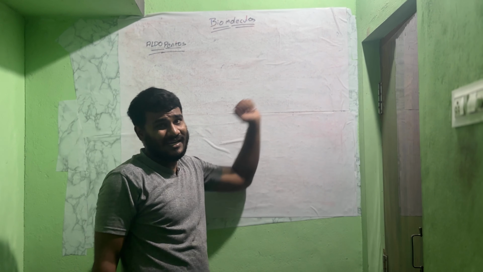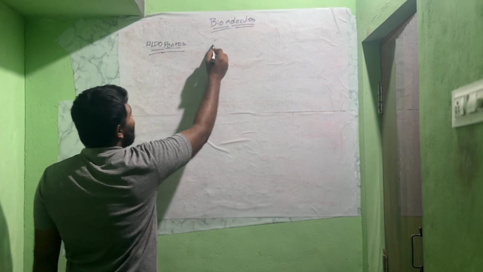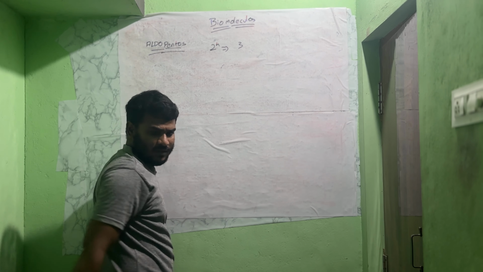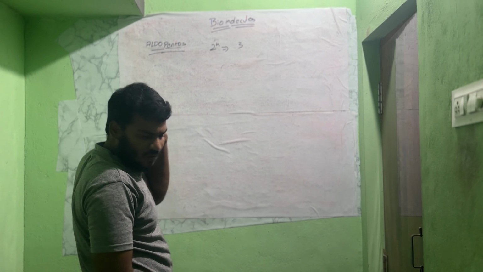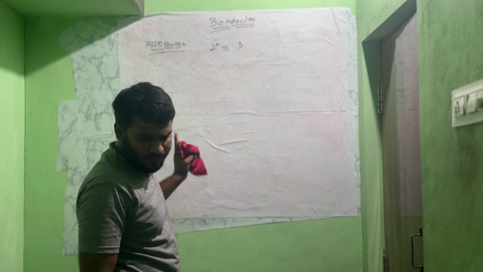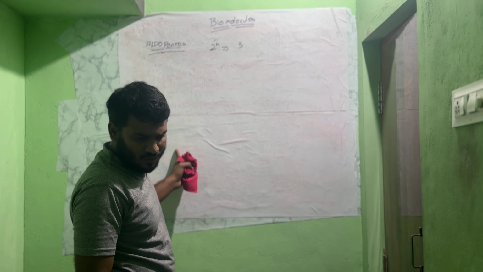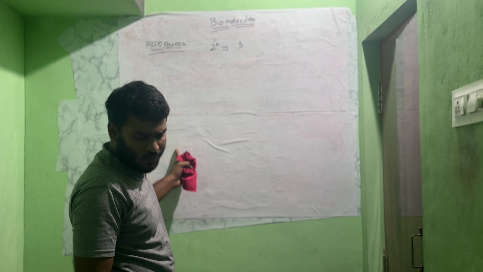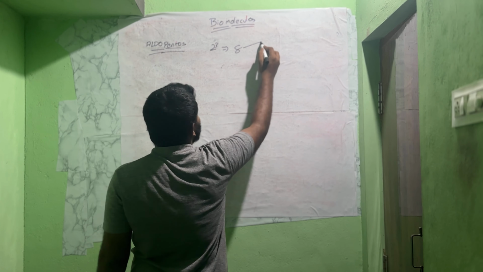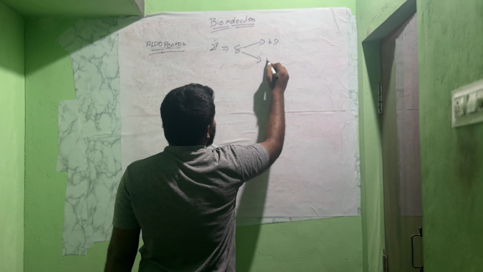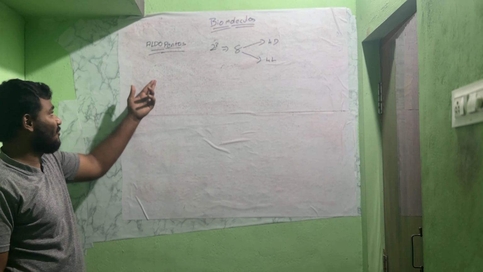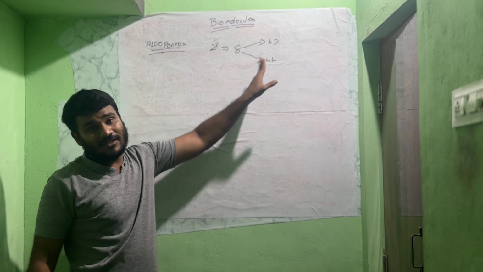Ribose, arabinose, xylose, lyxose. 4 of them. For the pentose, the stereocenters are 1, 2, 3. 2 power 3, that is 8. 4 dextro and 4 levo. How many stereocenters are there? Aldopentose, right? 2, 3, 4. 2 power 3, 8. 4 dextro and 4 levo.